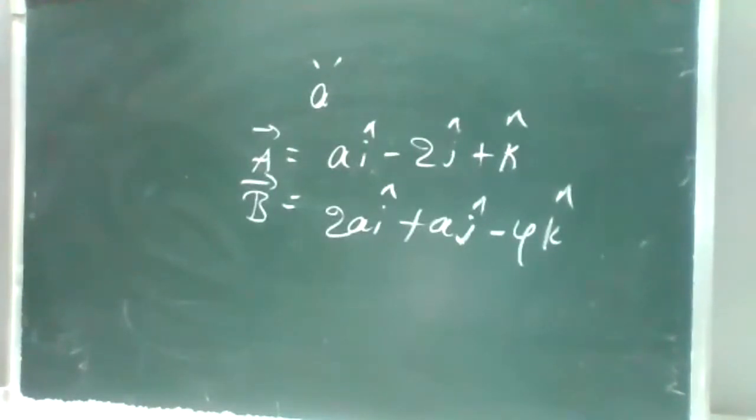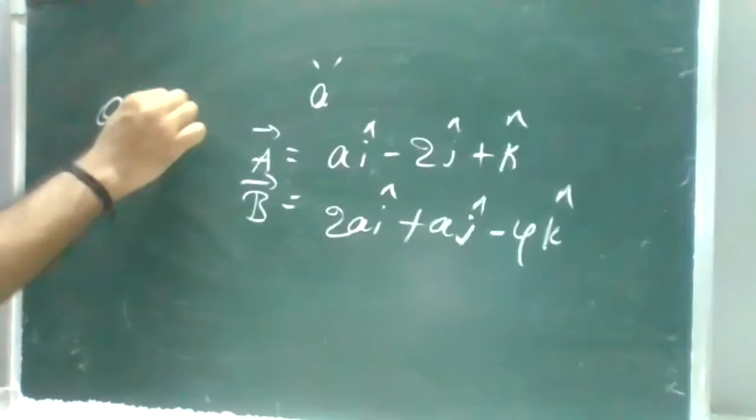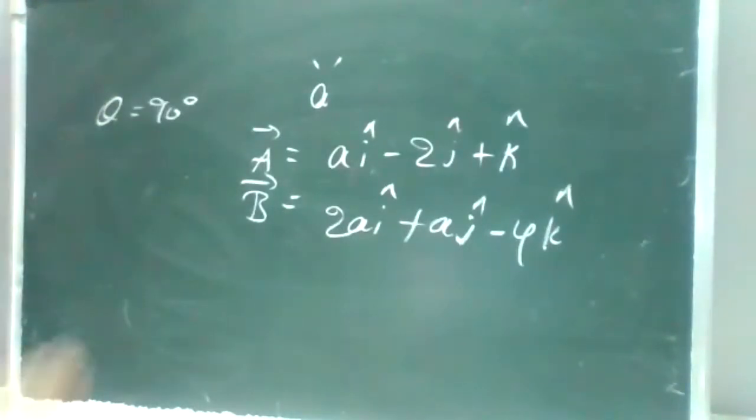I'll repeat the question. Perpendicular to each other, so theta is equal to 90 degrees. So try to find the values of a.